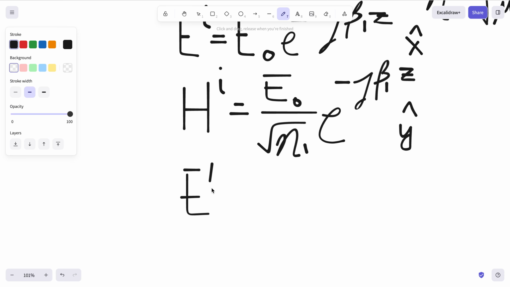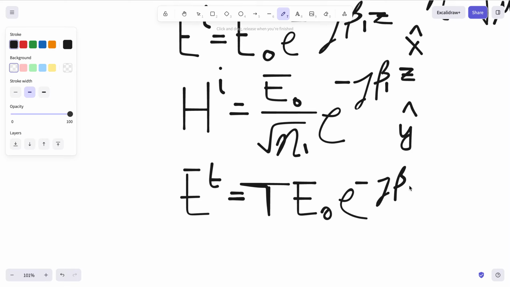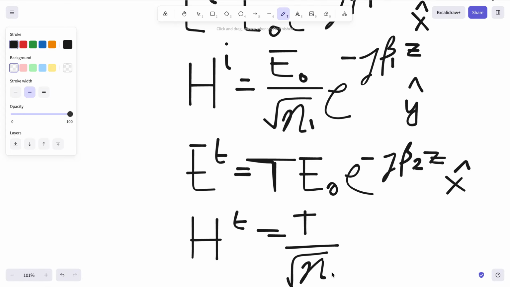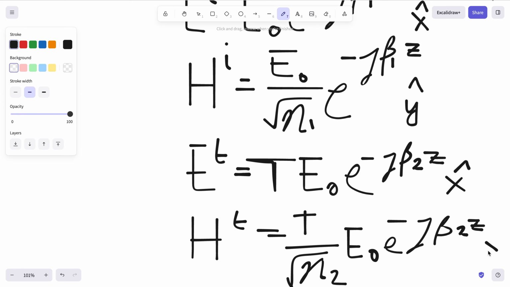So E sub t in this scenario would equal the transmission coefficient times our E incident expression, which is E naught e to the minus j beta 2 this time, because it's in the second media, times z, still in the x hat direction, as you can see from the diagram, and H sub t is equal to T over square root of nu 2, E naught e to the minus j beta 2 z, in the y hat direction.